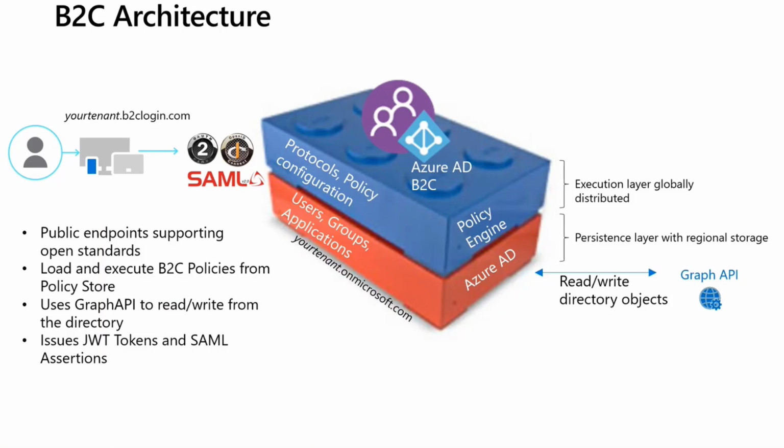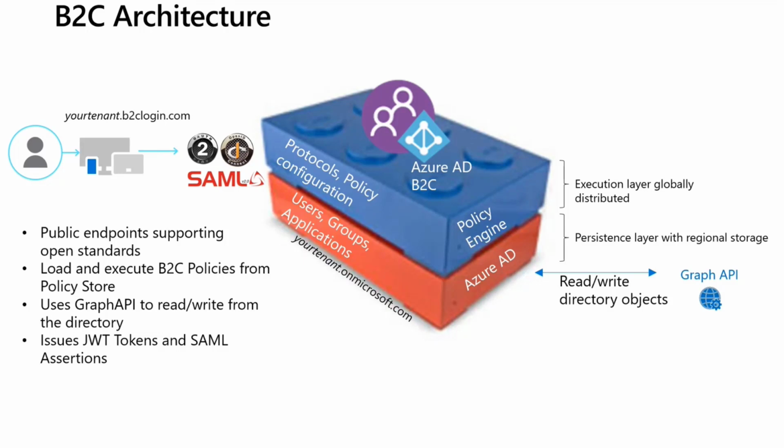So they work together. This means that sometimes we get questions, does B2C support this? And our documentation may say no, but usually what that means is it's not supported in the blue layer. It is supported in the red layer. One obvious example is the OpenID OAuth for client credentials.